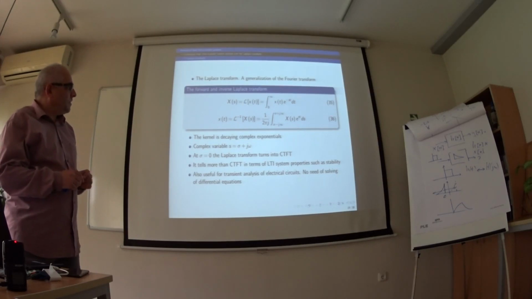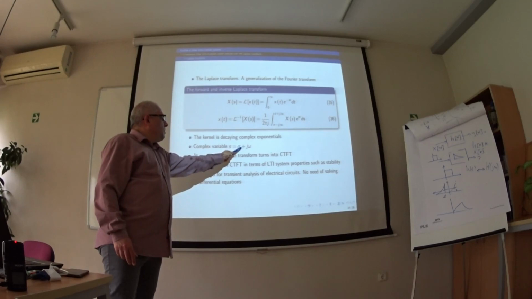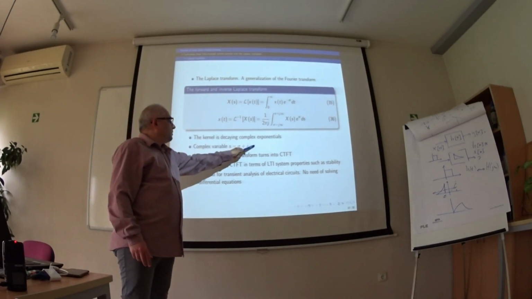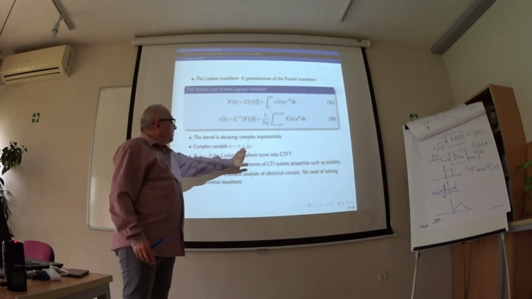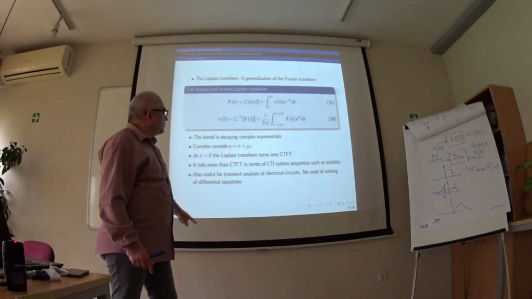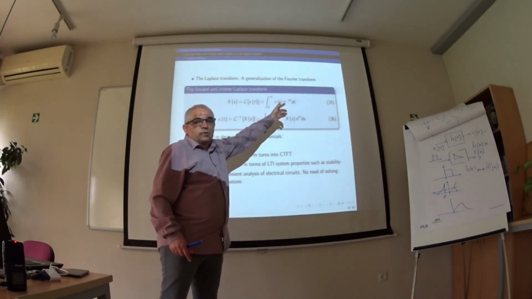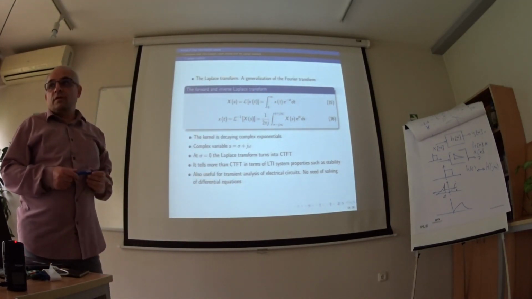It is very similar to the Fourier transform. Now we have a complex variable s, which has a real part and an imaginary part. The imaginary part is the frequency. If we take only the imaginary part and substitute here, we will get exactly the Fourier transform.